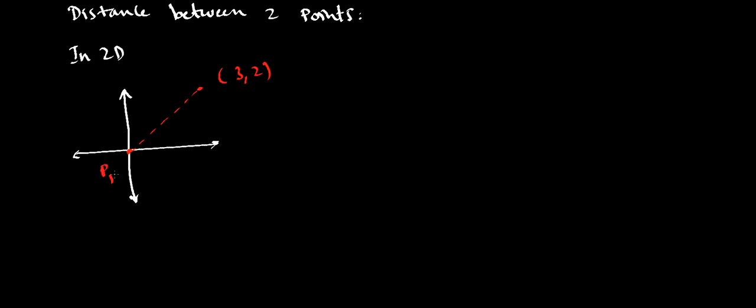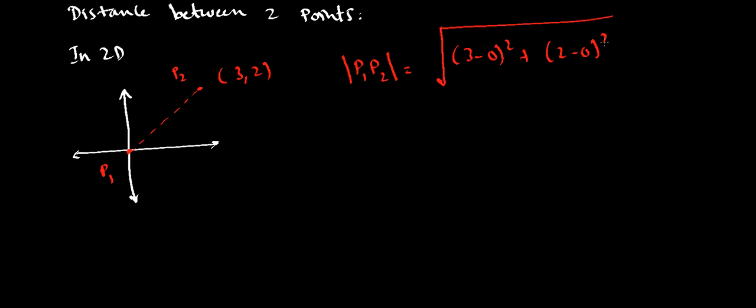Well, let's call this point P1, this point P2, and the formula said that P1P2 is equal to the square root of 3 minus 0 squared plus 2 minus 0 squared, which is the difference in the x coordinates all squared plus the difference in the y coordinates all squared.